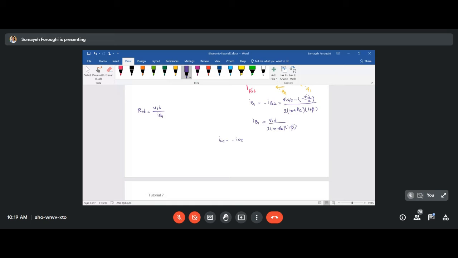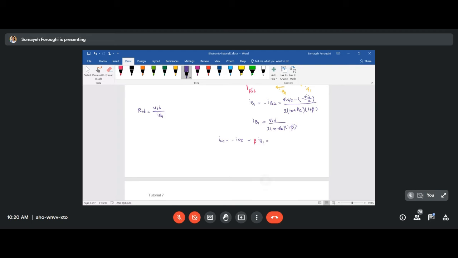What is the relation between IC and I base? I know that IC is alpha times I base, so it will be alpha times IB1. So finally, you can say it is VID alpha over 2, times beta times IB1.